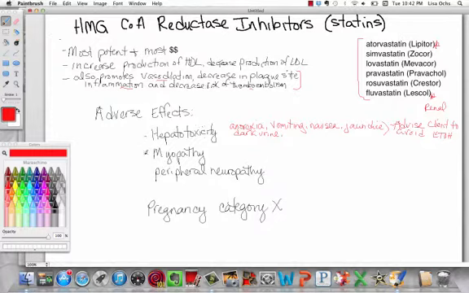Myopathy is another one. Remember, myo means muscle, and pathy means disease. So myopathy is when the muscle starts breaking down, and this may be displayed by muscle pain or weakness.